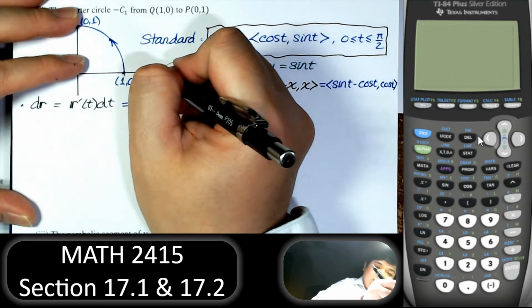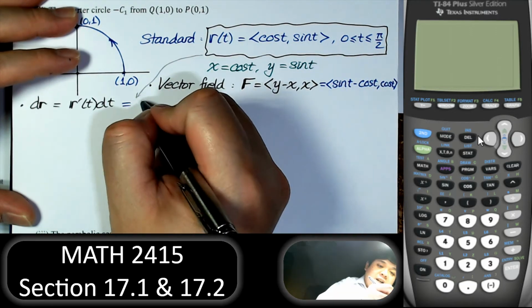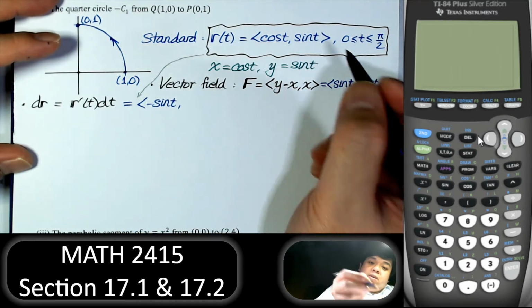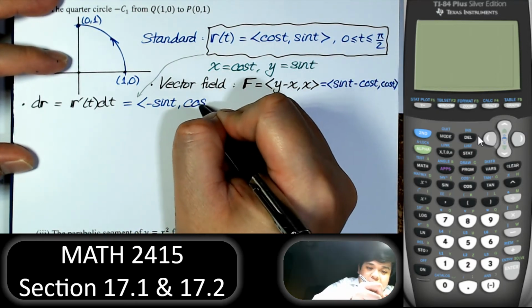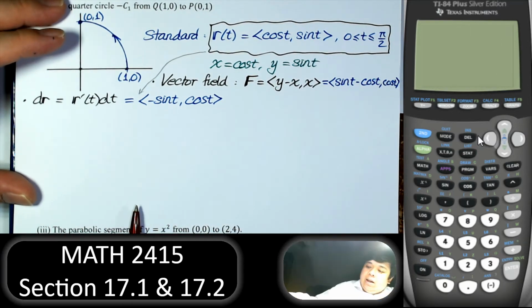So from that, take the derivative. The derivative of cosine is negative sine, and the derivative of sine is cosine. There's a dt.